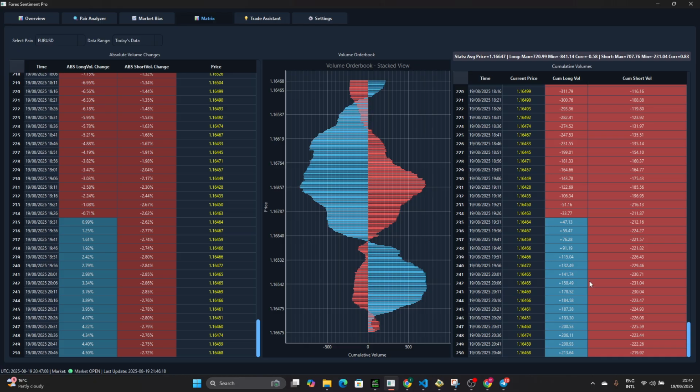The purpose of the video. All right, so the matrix tab. What the matrix tab means. The matrix is just a name actually; it could be anything else.